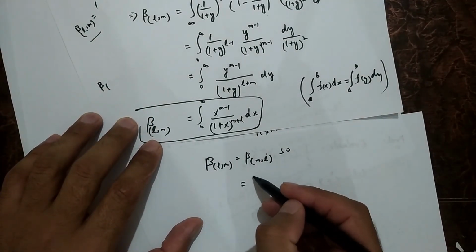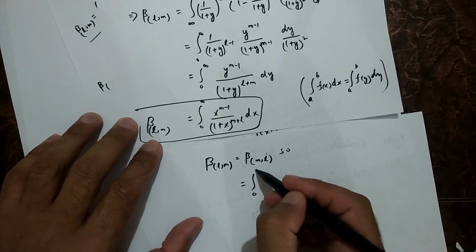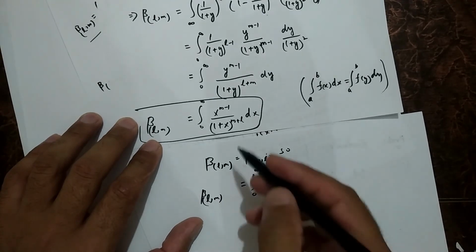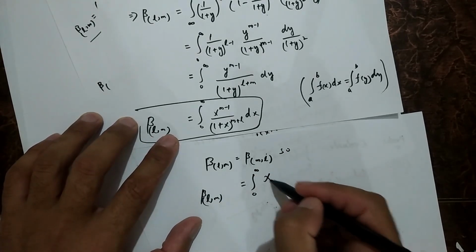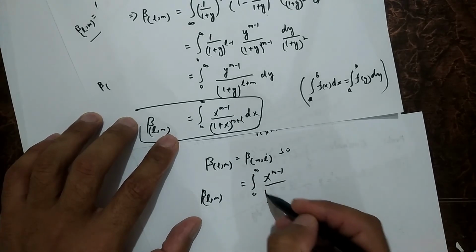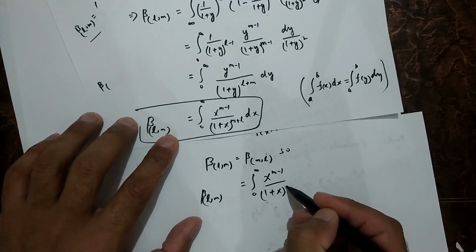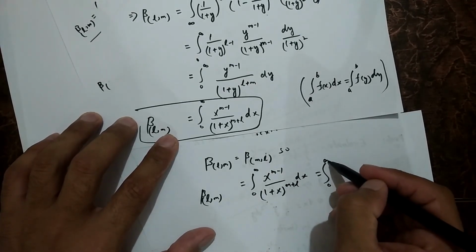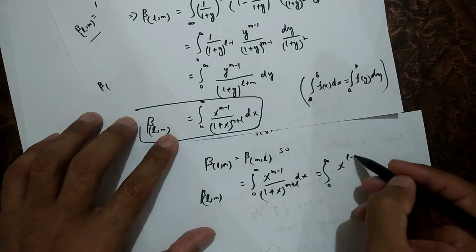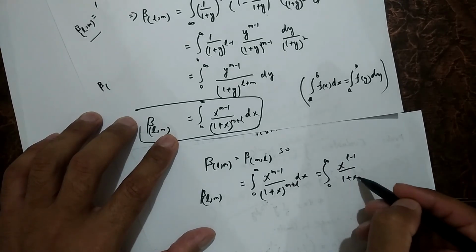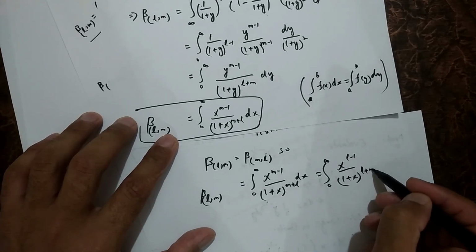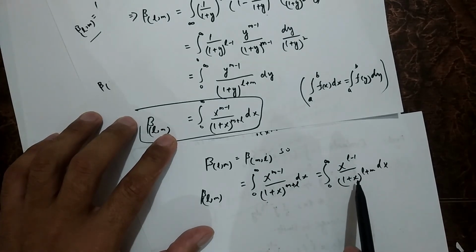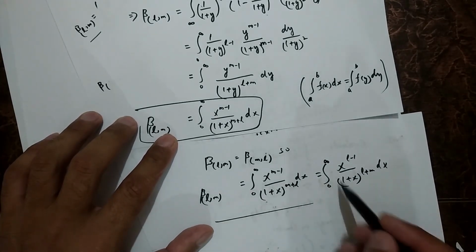Therefore integral from 0 to infinity x to the power m minus 1 upon 1 plus x whole to the power m plus l into dx can also be written as integral from 0 to infinity x to the power l minus 1 upon 1 plus x whole to the power l plus m into dx. So this is beta lm and this one is beta ml. Okay, this is the result.